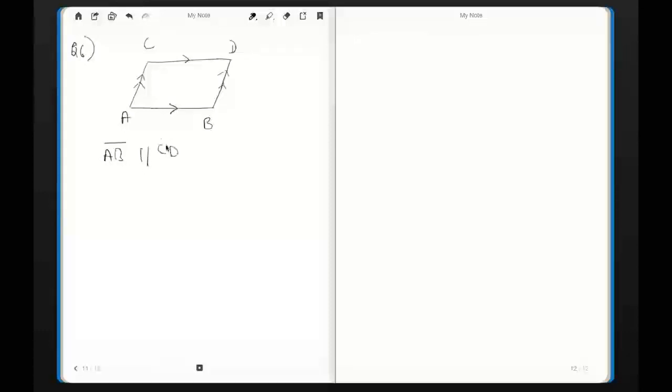Now what is asked is to prove that angle ADC is equal to angle ABC.